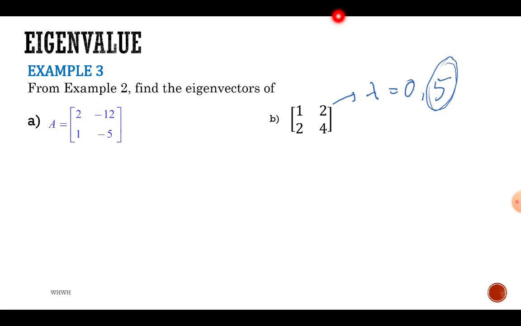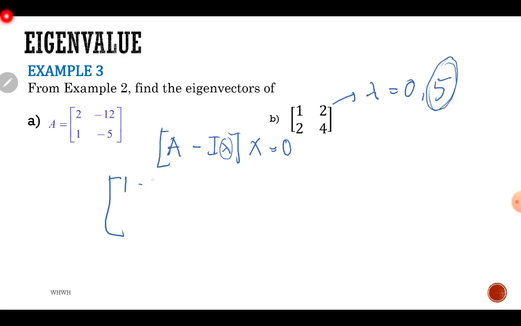Okay, sebabnya lambda 0 nampak macam rare sikit kan. Okay, so we are based on the formula again. A minus with I lambda times with X sama dengan 0 kan. So, lambda ni sama dengan 0. So, faham tak? Sama dengan 0. So, tak ada apalah. 1 tolak 0. 1 tolak lambda 0.